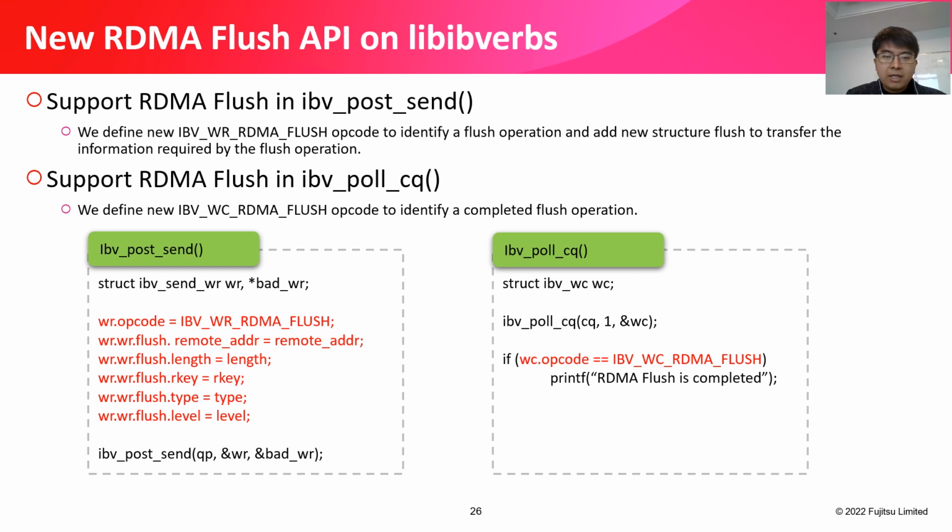To support RDMA flush in ibv_poll_cq, we defined the new IBV_WC_RDMA_FLUSH opcode to identify a completed flush operation. The following code shows how applications use the RDMA flush API. For example, post an RDMA flush request by ibv_post_send. Get the completion of the RDMA flush by ibv_poll_cq.